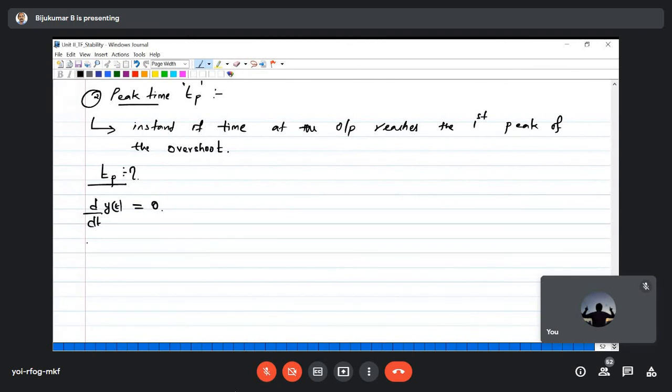So the remaining part we can write like this, minus of e power minus zeta omega nt multiplied by minus zeta omega n, and minus into minus will become plus, first function cos omega dt, plus first function e power minus zeta omega nt into the derivative of the second, that becomes sine omega dt multiplied by omega d. Here also 1 minus is outside, so it will become plus.